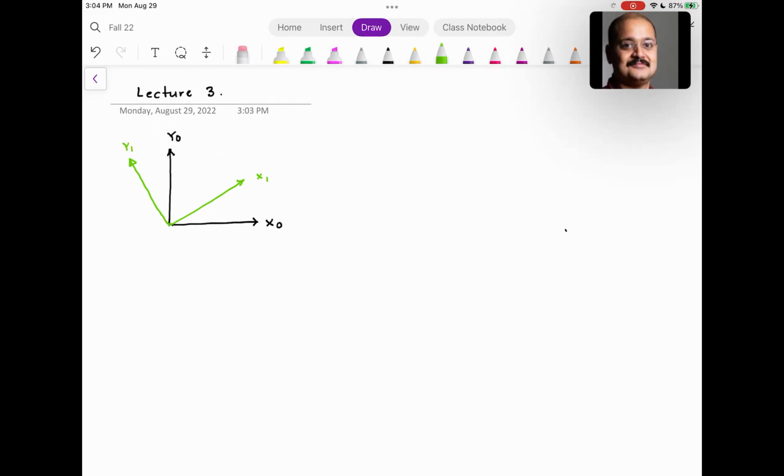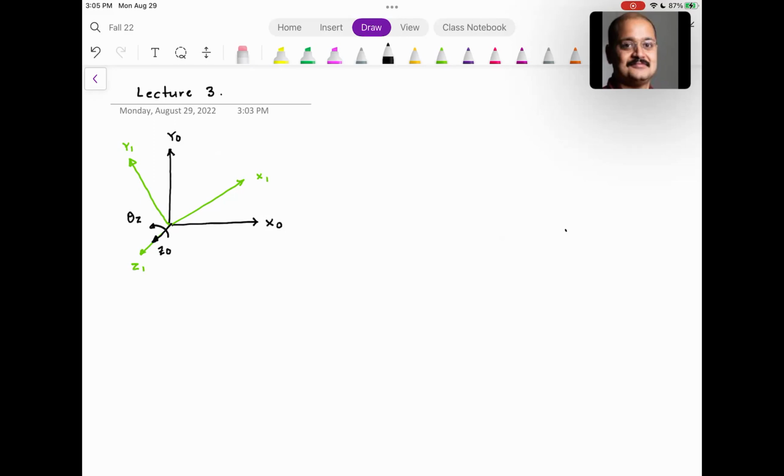And z is coming out. So z is something like this. So this is z1 and this is z0. So the rotation is a positive rotation theta z.